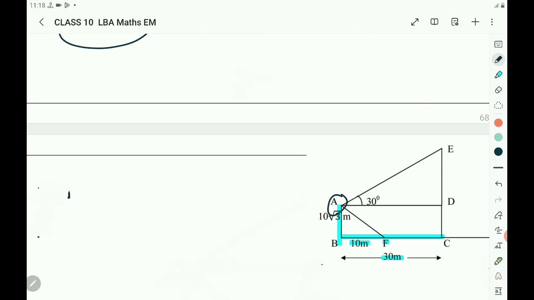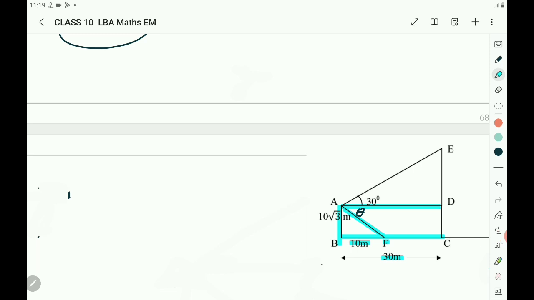Here A is the top of the lighthouse, F is a ship, and the angle of depression theta is to be found out. Here AD is the horizontal level, F is below the horizontal level, AF is the line of sight, and angle DAF is the angle of depression.